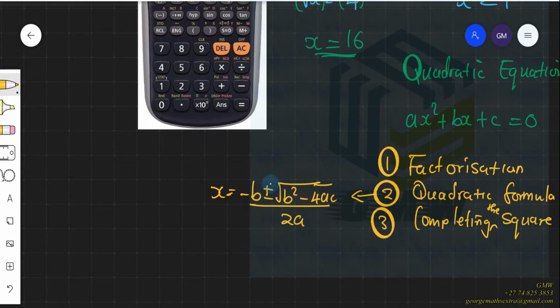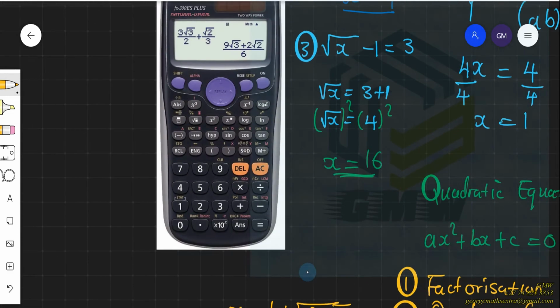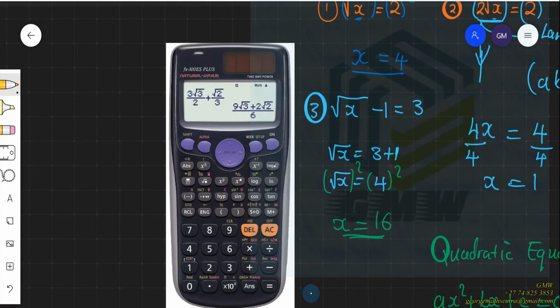Now, this comes to the part of why I have a calculator here. If you are using a Casio calculator, the same way you are seeing things written here for the quadratic formula, when you are doing your substitution, if you use this button here, it gives you this overline. So it means you can write the quadratic formula as it is.